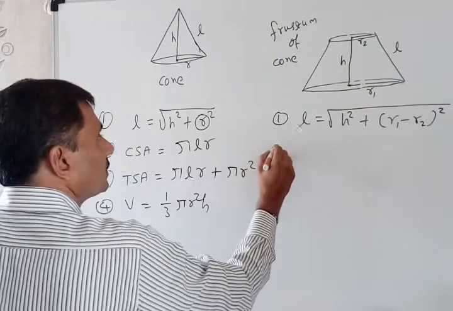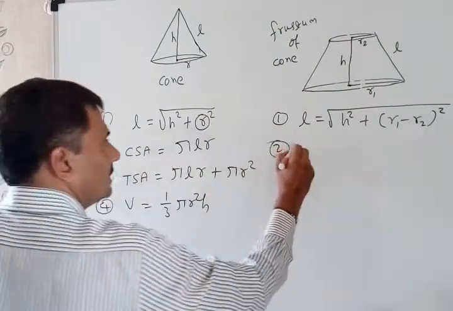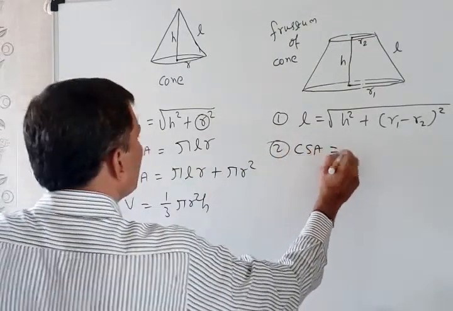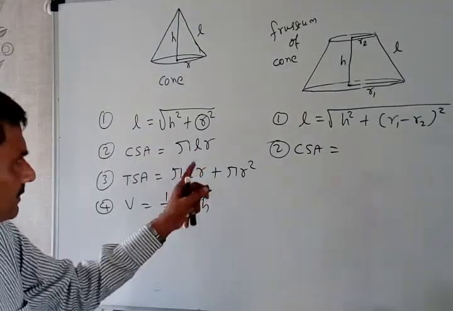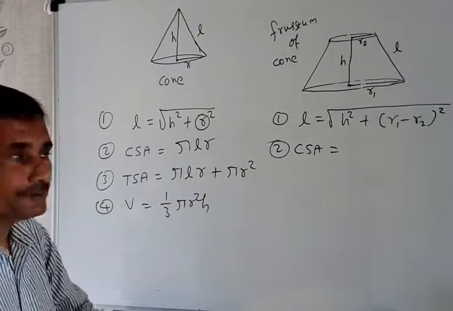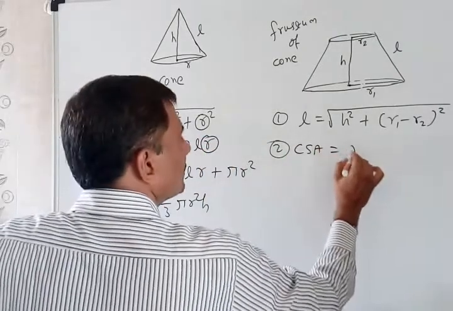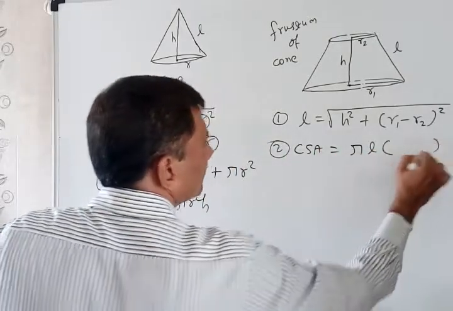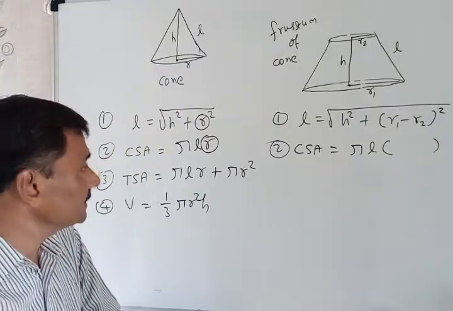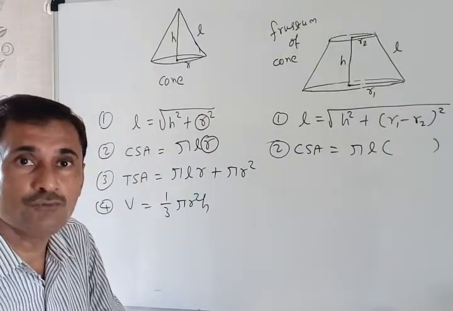Now, CSA. CSA equals pi LR or pi RL. I purposely wrote pi LR. Here also, instead of R, I have to write something. What? In L, we took the difference of both radii.